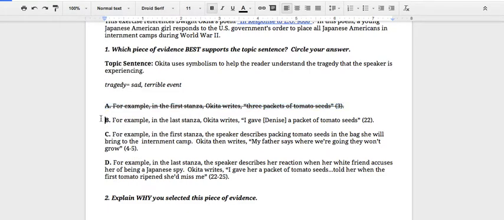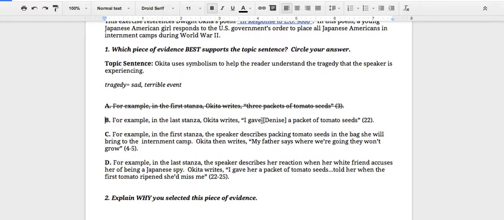Look at B. For example, in the last stanza, Okita writes, "I gave [Denise] a packet of tomato seeds." Notice here, I added the name Denise in these brackets. You can do this if you need to switch a he or a her to a name, or you have to add in one extra word so the quote makes sense. In this case, we're getting a little bit further.